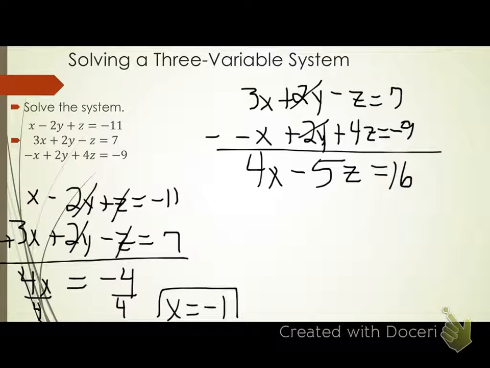So I've got 2 new equations now, right? I've got my x equals negative 1, and I've got my 4x minus 5z equals 16. I've already figured out my x variable, haven't I? How can I find z really quick now?